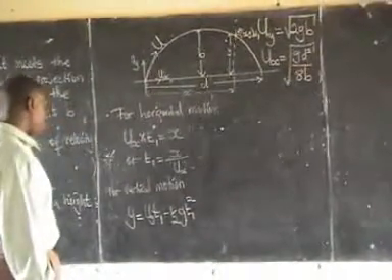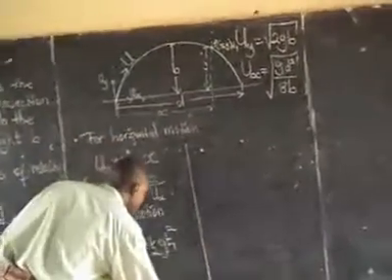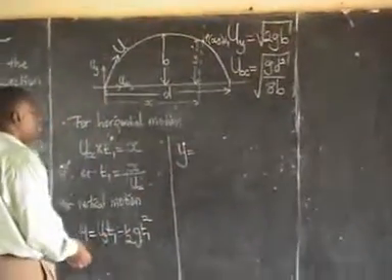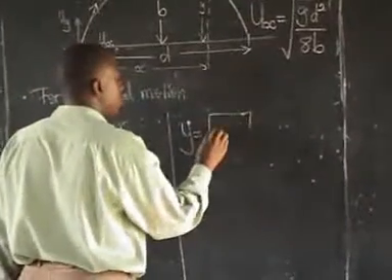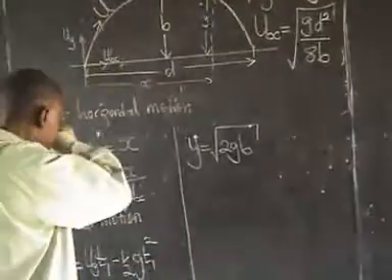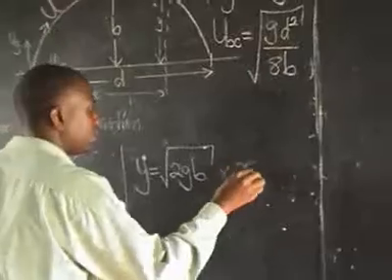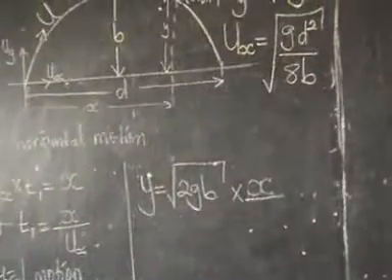So when we substitute the values, we get y is equal to, now our Uy is root 2gb, our t1 times x over Ux.